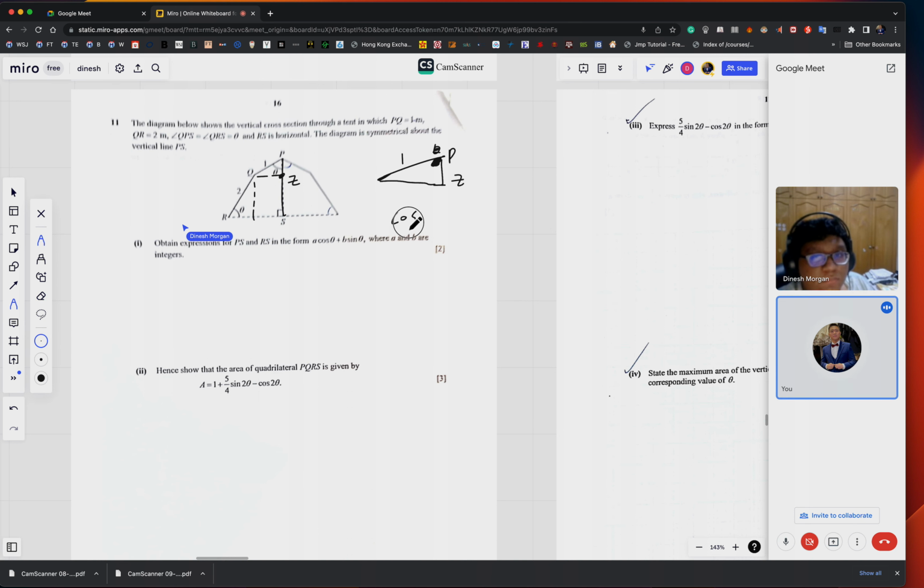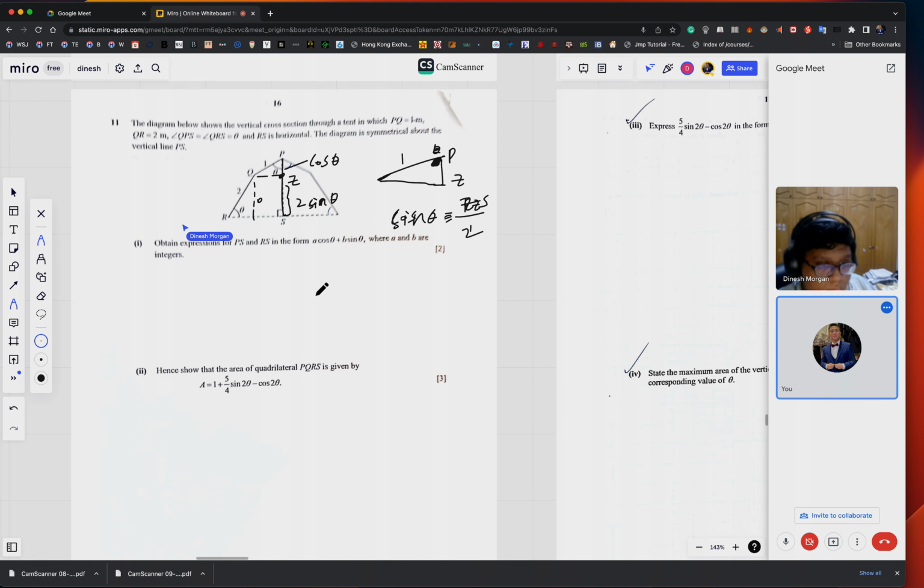So cosine theta is equal to PZ over 1, so PZ equals cosine theta. And this is your opposite. Sine theta is equal to the opposite, which is ZS, over 2. So it's 2 sine theta.